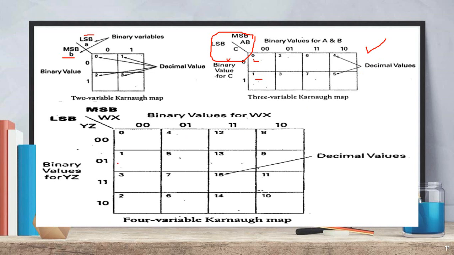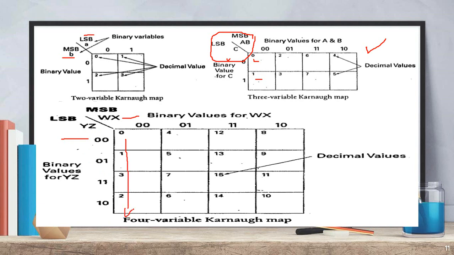And the last one we call MSB LSB. If you take MSB in the vertical part and LSB in the horizontal part, then you will get a different arrangement. So here also you can take it the other way. In this portion, we have taken LSB on this side, so it is 0 1 3 2 on this side.